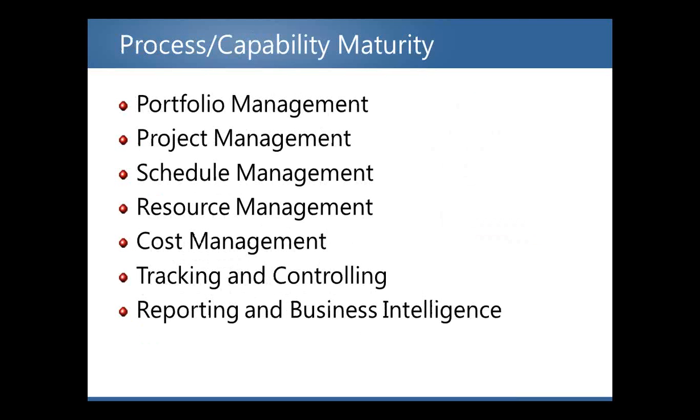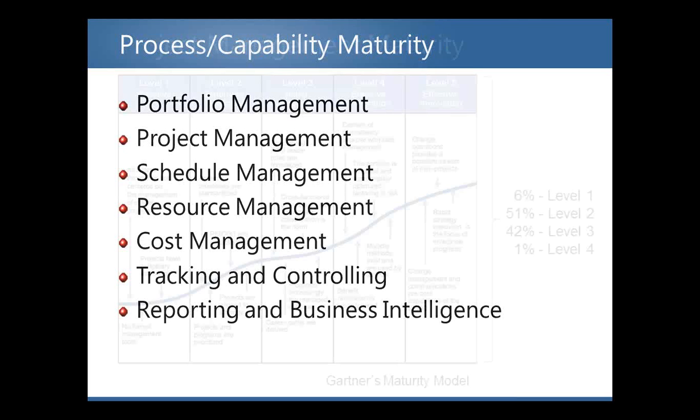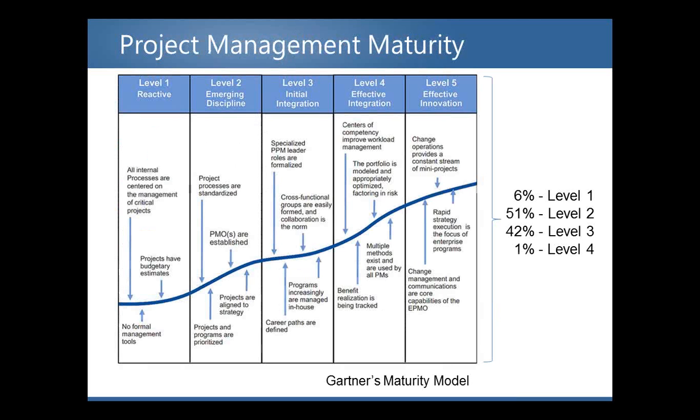Similar to users, there are multiple levels of maturity found in system capabilities as well. As you define the processes that are currently in place for all users, the capability maturity will also be revealed and will vary across users. Let's take a look at some of the PPM capabilities that will be found in the system. This is a quick glance at the Gartner maturity model.